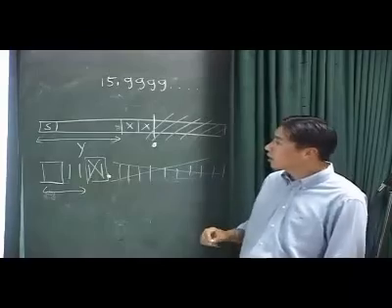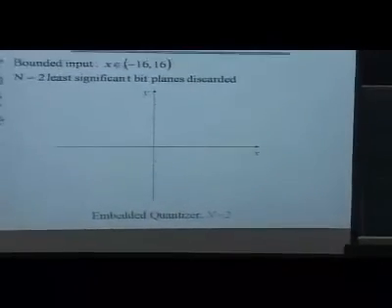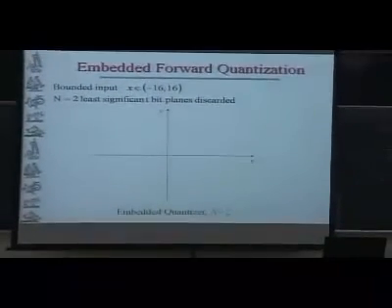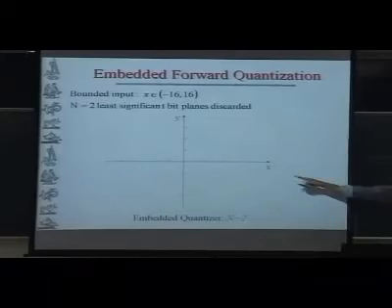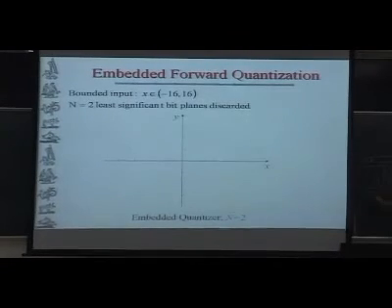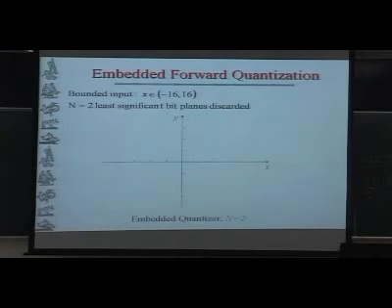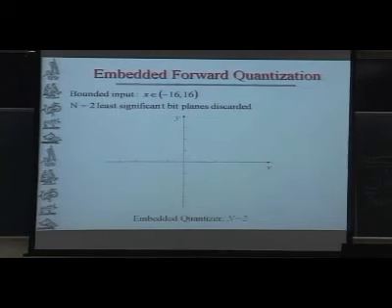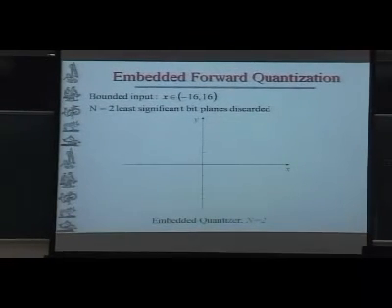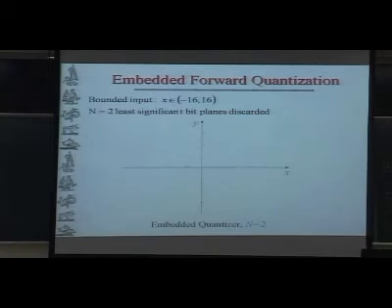Now let's think about this. How do I get 0 out? I need the sign bit to be 0, and I also need 0, 0. So what is the maximum number that I can represent if it's 0, 0, 0 here? 1, 1, 1, 1, 1, 1, like this.